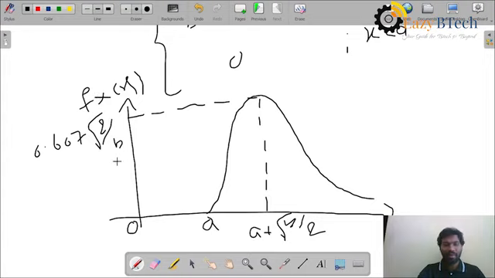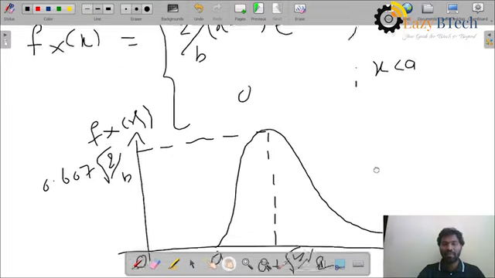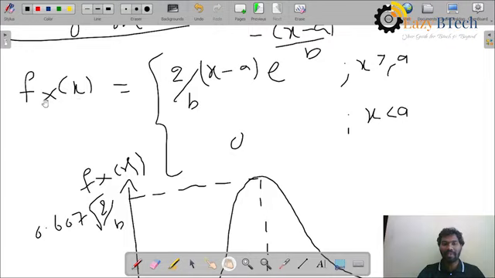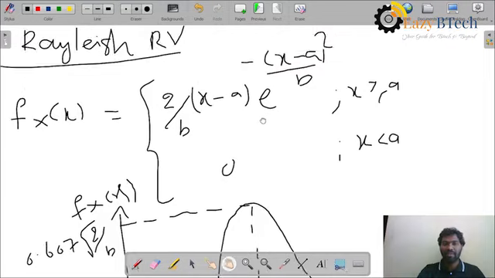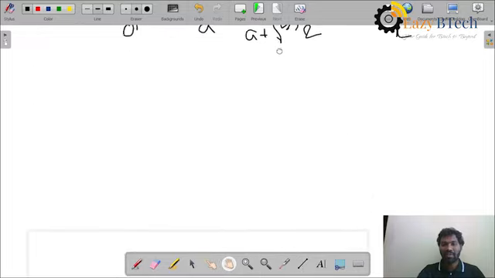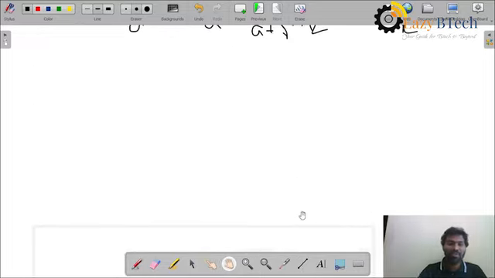No need to remember the other ones. So this is the probability density function of Rayleigh random variable: 2 by b into (x − a) into e power minus (x − a)² by b for x greater than or equal to a, 0 for x less than a.